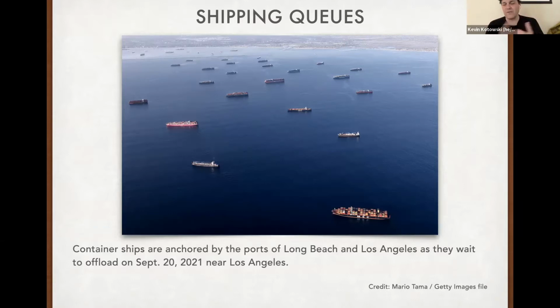If you're ordering anything from overseas these days, the chances of getting it anytime soon are unlikely because of the way shipping queues have been messed up, especially shipping into the United States. This is a picture from September where there are hundreds of shipping containers sitting outside the shipyards waiting to be unloaded, which is just another example of queuing theory in action.